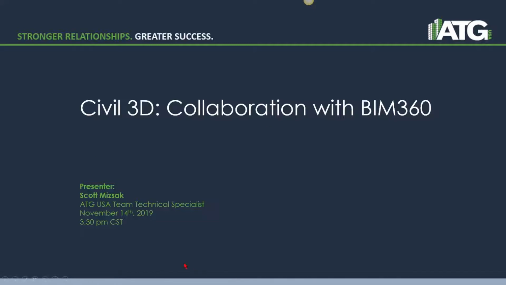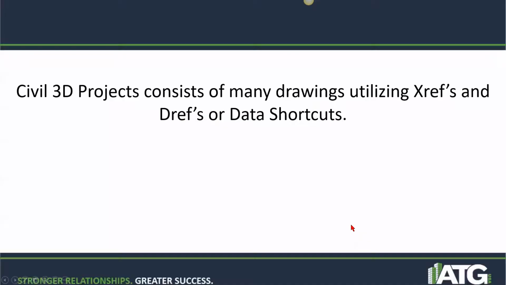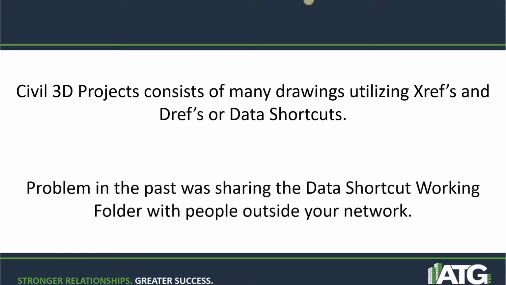So again, this webinar is on Civil 3D collaboration with BIM360. The problem we have with Civil 3D is projects consist of many drawings utilizing X references and data shortcuts. Well, the problem is that when you use that data shortcut folder, you can't share that up on the web.